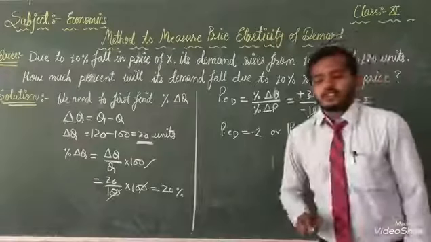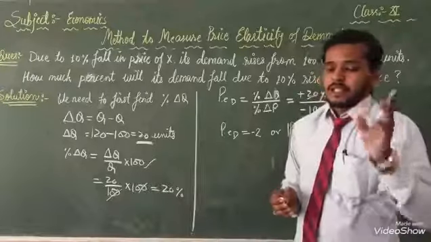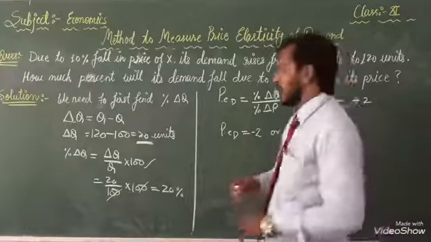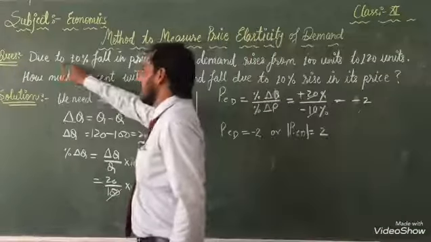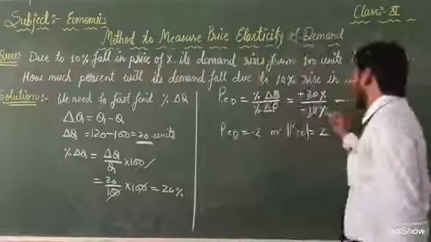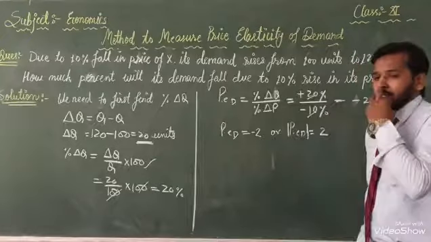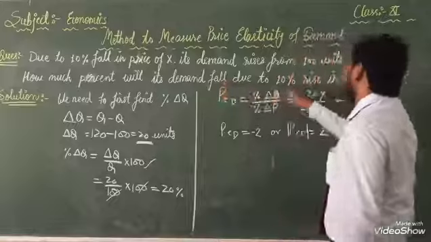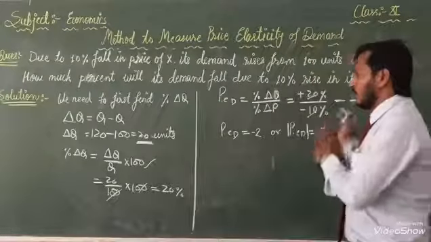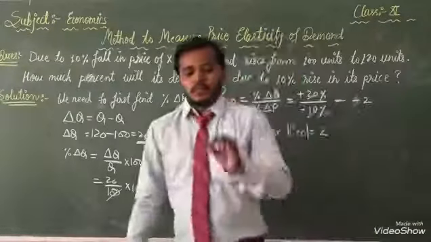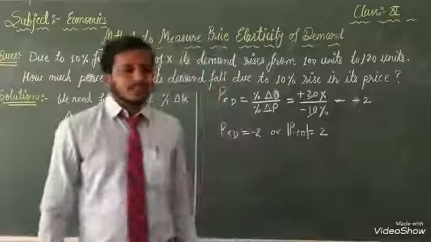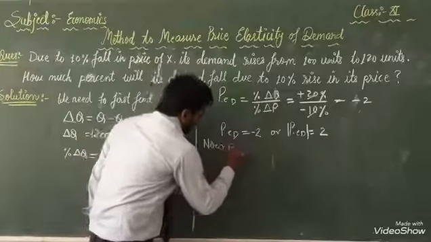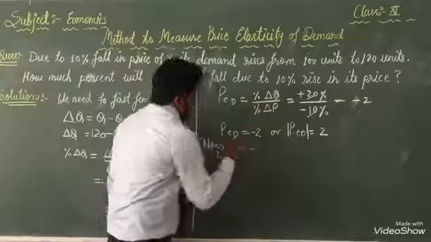With the help of that we can calculate each and every question. On the basis of that the question will come: now when price rises 10%. Here you see, 10% fall is given, and 10% fall we have calculated. Now our question is asking us demand falls due to a 10% rise. Now we will calculate when price rises.